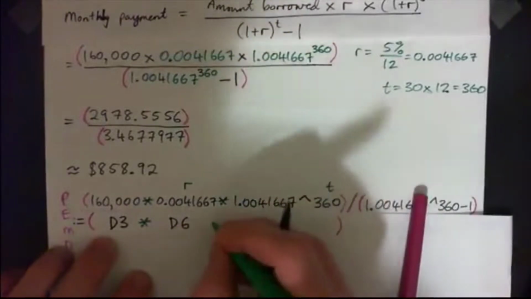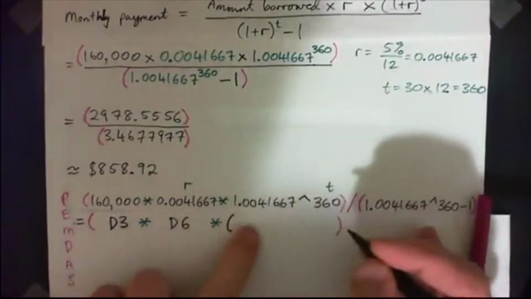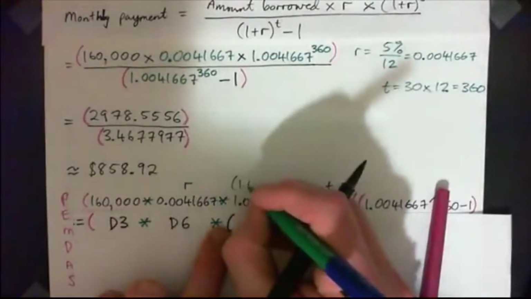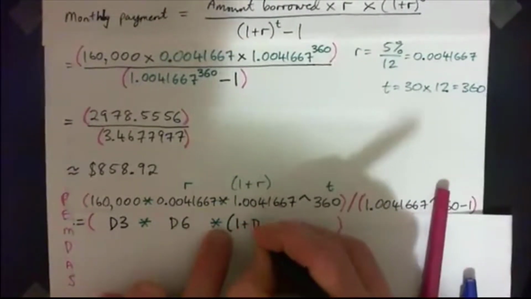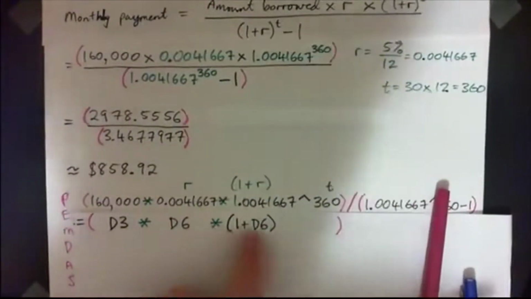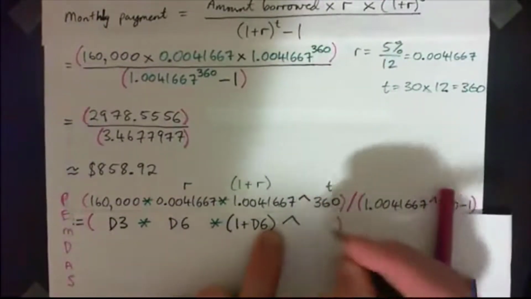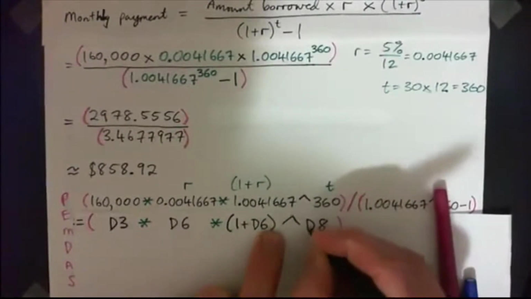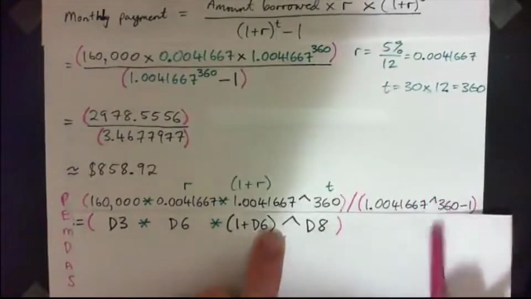And then we times that by 1 plus the rate, so that's 1 plus R, which should be 1 plus D6. And then we put it to the power of 360, and again we don't write in 360, but we put in D8 because that's the number of payments in our spreadsheet.